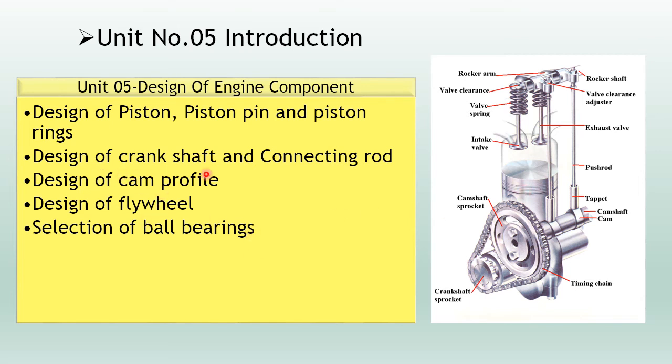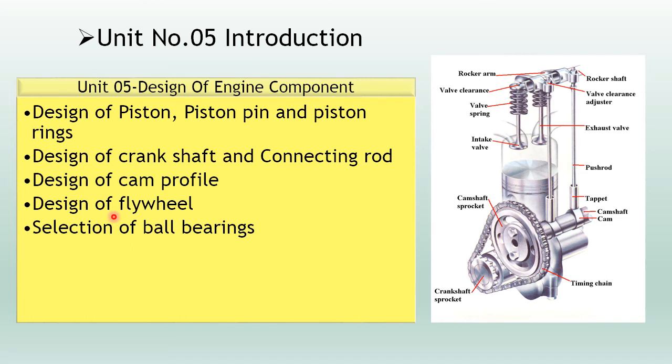Then we have to design the crankshaft and the connecting rod. You know the function of the crankshaft. It converts the reciprocating movement into rotary movement. Then the connecting rod helps to attach the piston with the crankshaft. Then we have to design the cam profile.